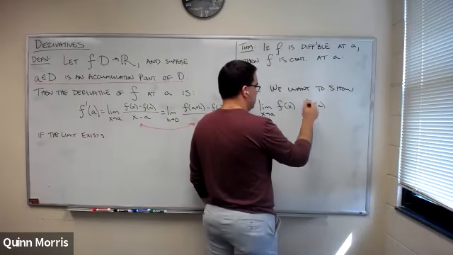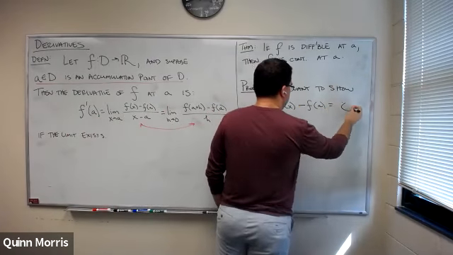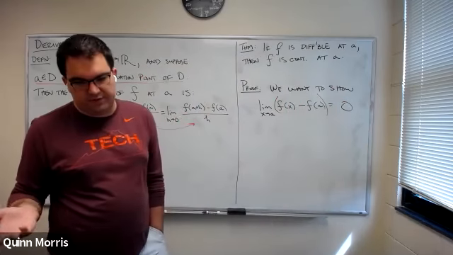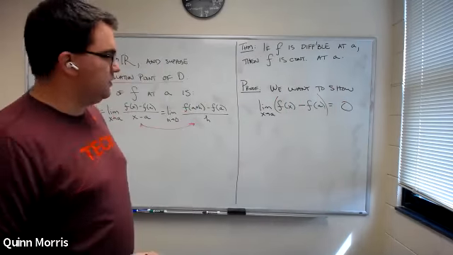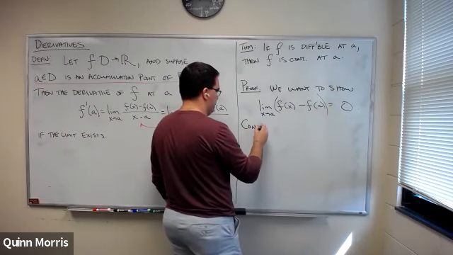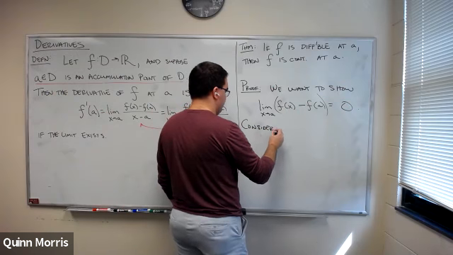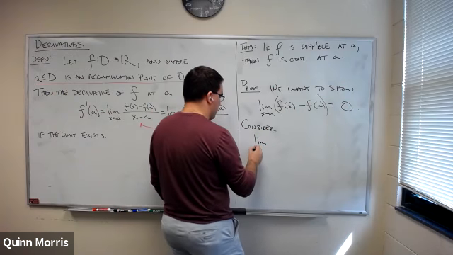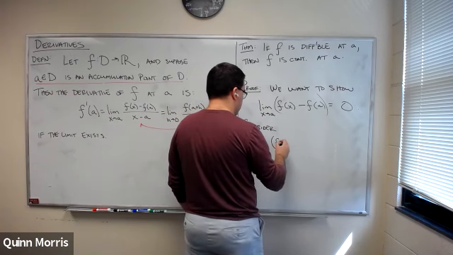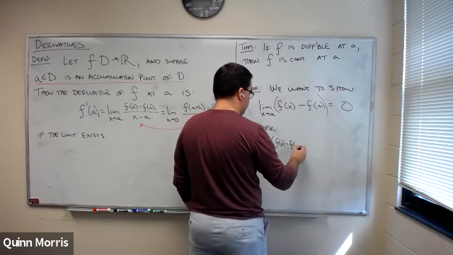So that's what we want to show. Equivalently, let me change this ever so slightly. I want to show that the limit of this thing is equal to 0, right? It's really the same thing, okay? So how do I do this? Consider the limit as x approaches a of f of x minus f of a.